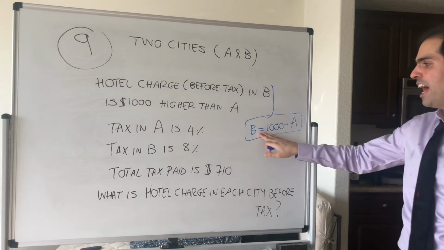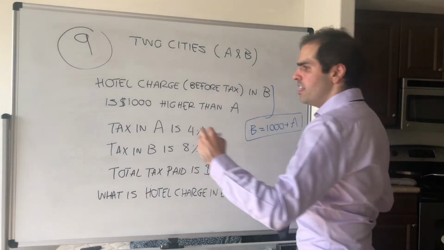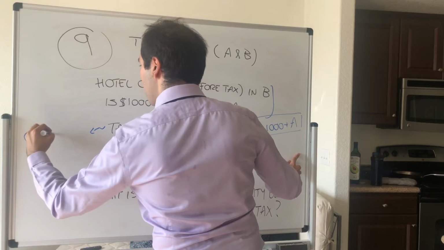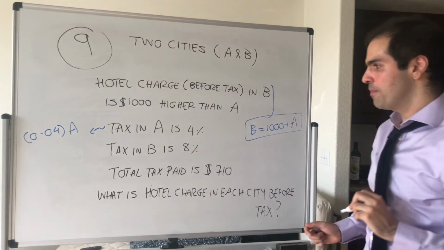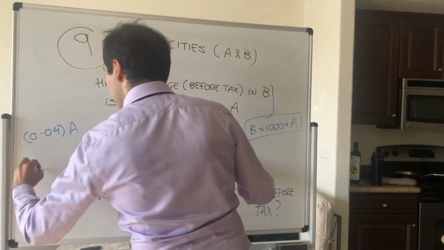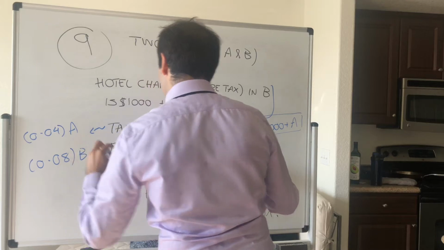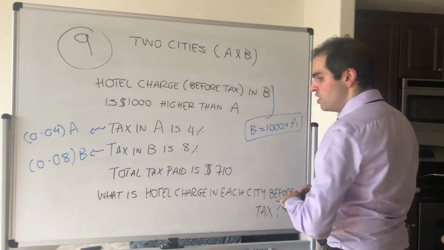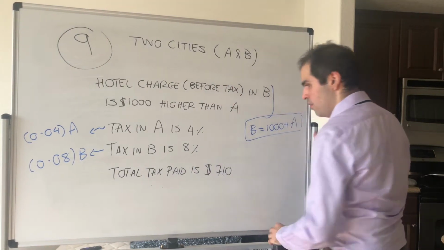Now, we already have this info that B is 1,000 plus A, but now the tax in A is 4%, which is just 0.04 times whatever you paid in A, and the tax in B is 0.08 times whatever you paid in B. And we also know that the total tax paid is $710.